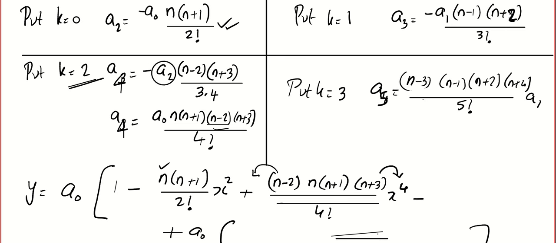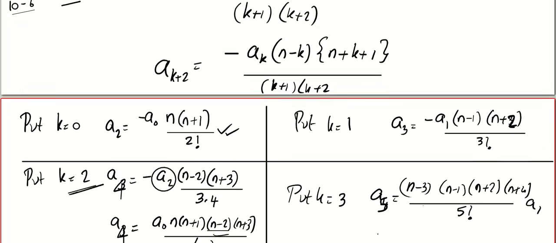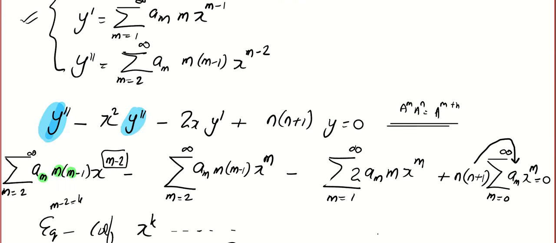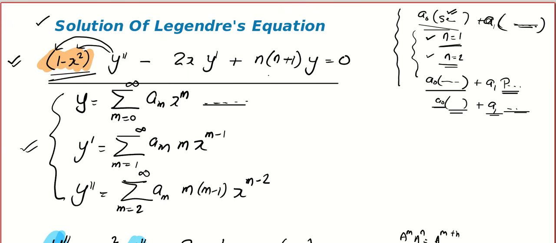So try to complete it and practice, and I'll strongly recommend you try Legendre's equation with n equal to 1, because they might ask Legendre's equation by putting n equal to 1, n equal to 2, etc. Because when you solve, you will understand the answer will be completely different.